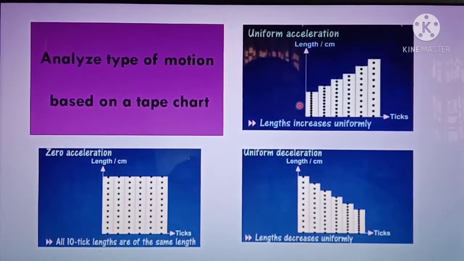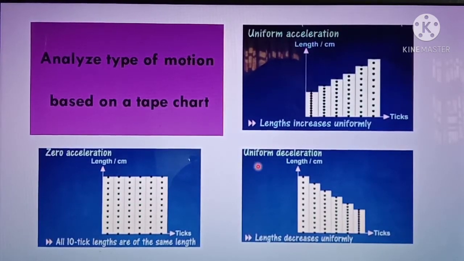Okay. And then the second one here, you can see the length of the ticker tape increases uniformly. So the length increases uniformly, showing that the distance between 2 dots also increases uniformly. Thus, velocity increases uniformly, so we call it uniform acceleration.